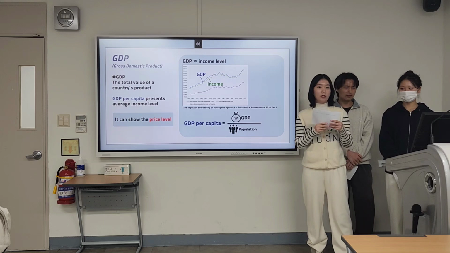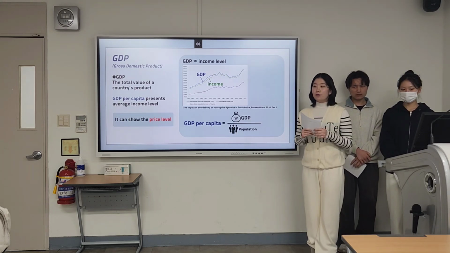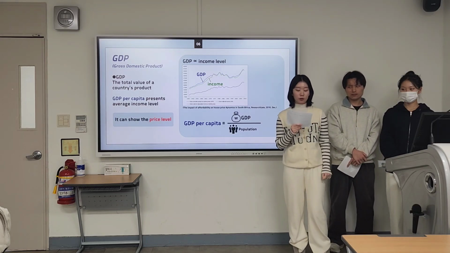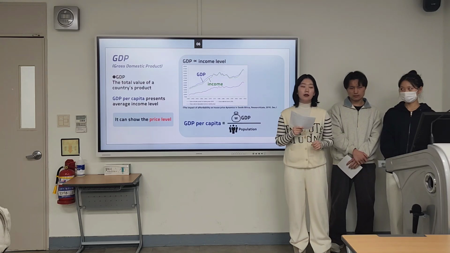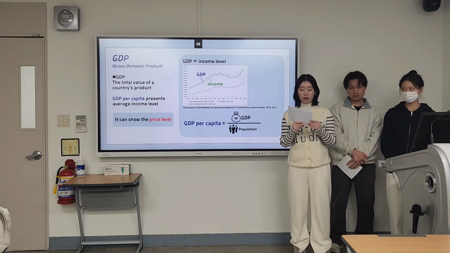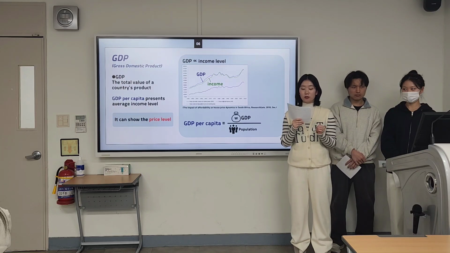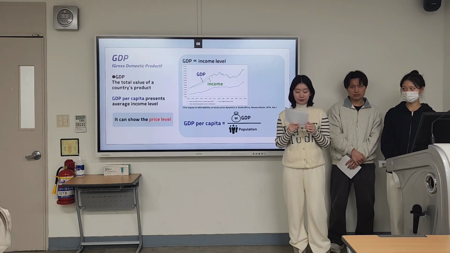GDP can also be used to represent people's income levels, because GDP measures production and consumption across the economy. It shows the overall economic situation without relying on a single item.